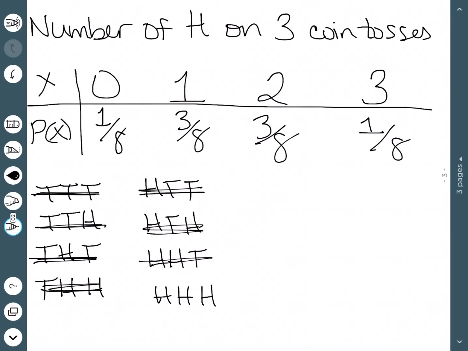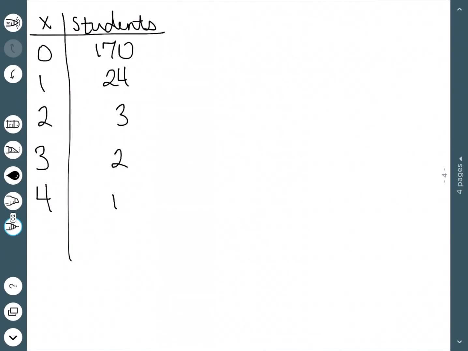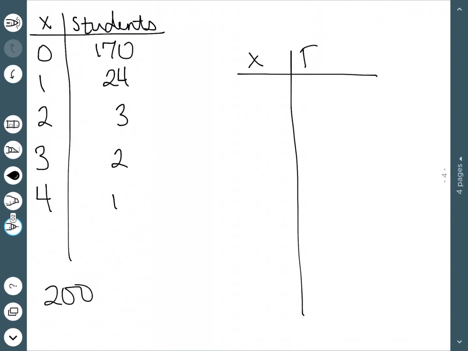Let's do one more example. Here I looked at a total of 200 students, and I asked them how many tattoos they had, and this is my result. So now I want to do a probability distribution. If I choose a student at random, what's the chance they have a certain number? Well, my X is going to stay the same, 0, 1, 2, 3, 4. And now P of X is probabilities.